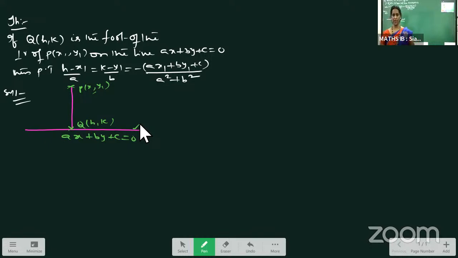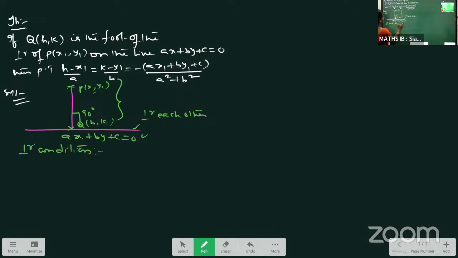What is the perpendicular condition? M1 into M2 is equal to -1. See, this one and this one are perpendicular to each other, meaning both are at an angle of 90 degrees. The perpendicular condition is M1 into M2 is equal to -1.